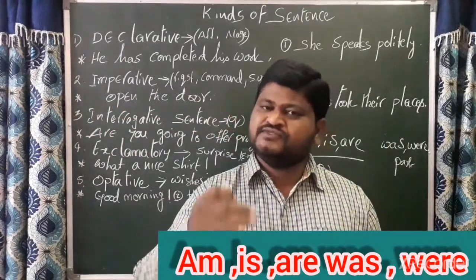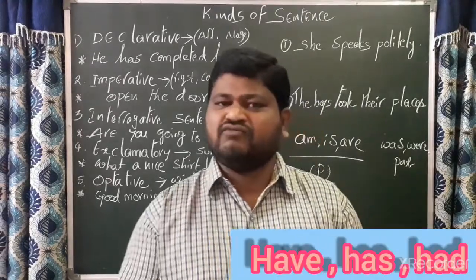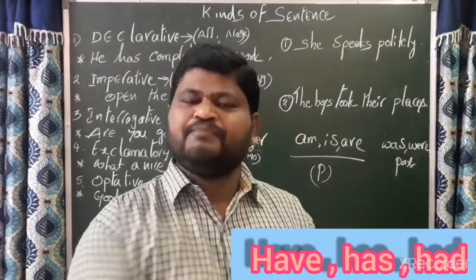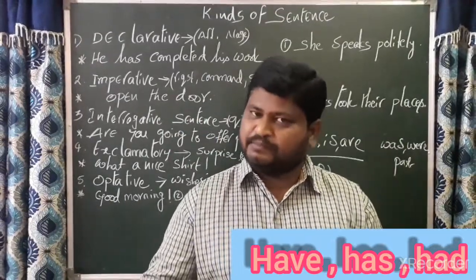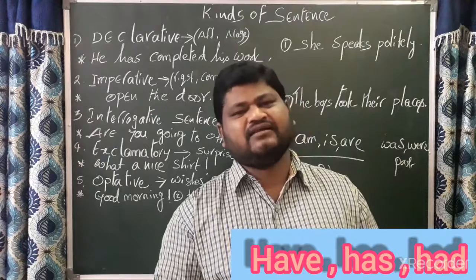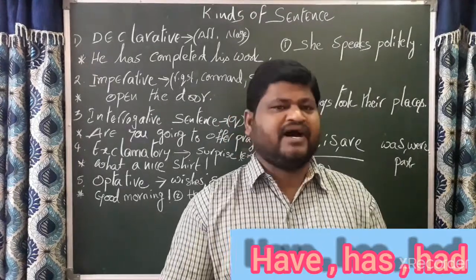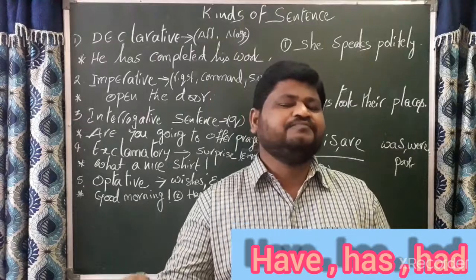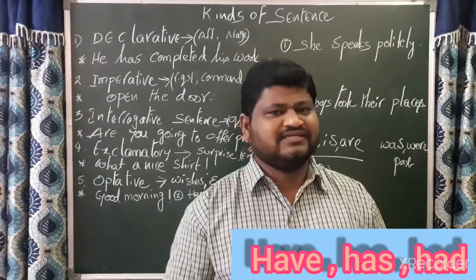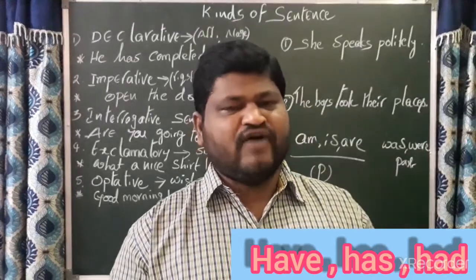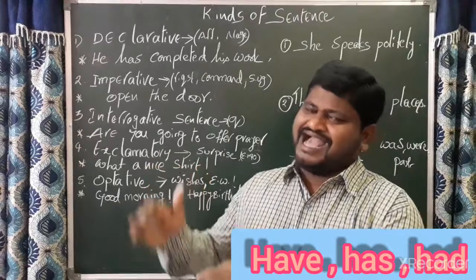And next, we have the have forms: have, has and had. Have and has we use in the present tense, and had we use in the past tense. Friends, have is for plurals, and has is for the singular. So when we have a singular subject, we use has.